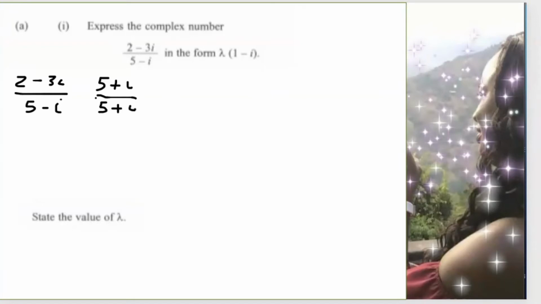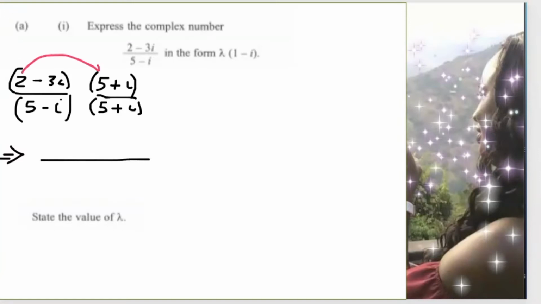So let me go ahead and put these in brackets so that you can see that we have to expand. So expanding, multiplying 2 times 5, that will give me 10. Then multiplying 2 times i, that will give me positive 2i.